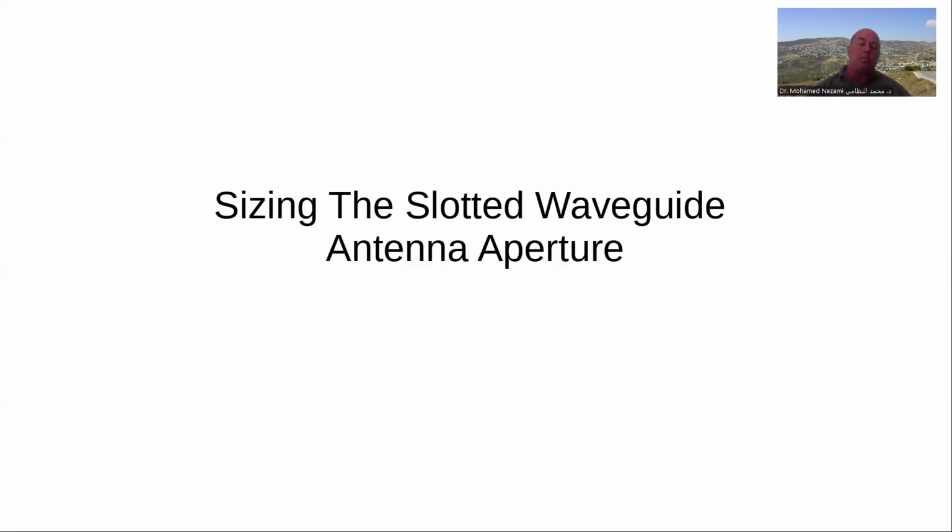As a system engineer, you're required to cover a certain geographic area with radar, for instance, and depending on the maximum range you want to cover and the radar cross-section you're trying to view, you come up with equations on the overall aperture size, which will then give you information on the size of how many of these antenna slots you need, okay?